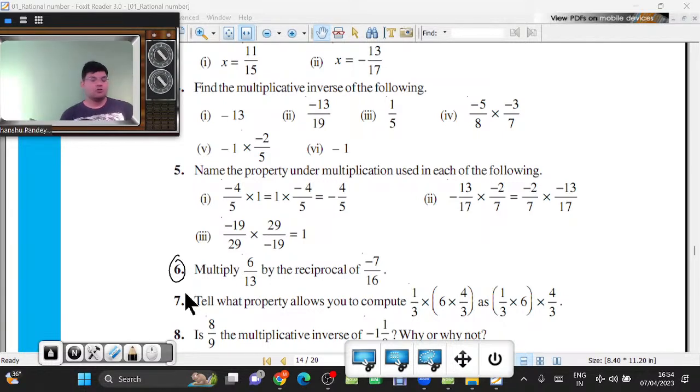विहान, the question number 6 is for you. Multiply 6 by 13 by the reciprocal of minus 7 by 16 and tell me the answer.